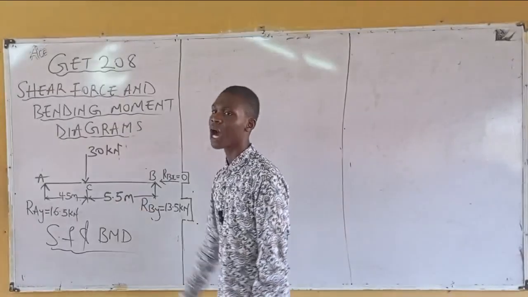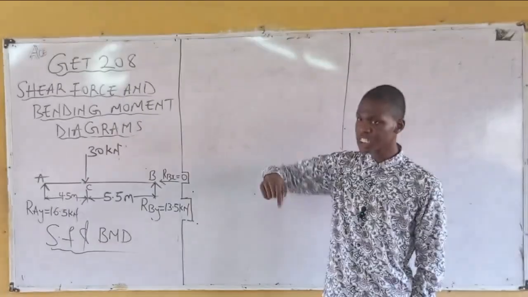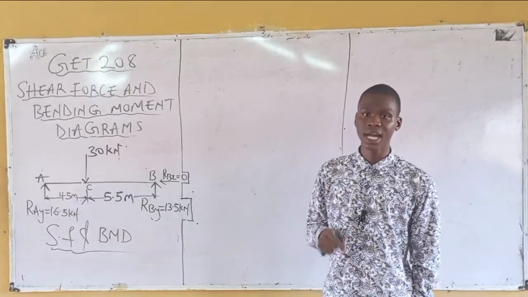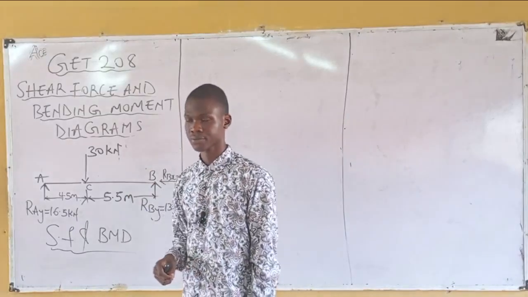Now, check this beam. How many points do I have? 3. Meaning that at each point, there's a value for shear force, and at each point, there's a value for bending moment.